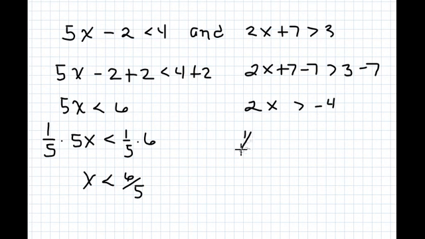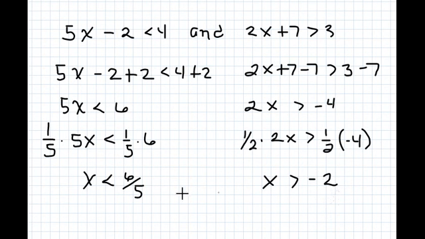And so we end up with a half times 2x is greater than a half times -4. And so now we're left with x is greater than -2. So x is less than 6/5 and x is greater than -2.